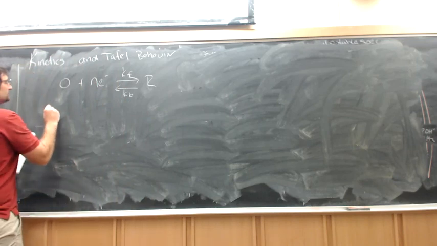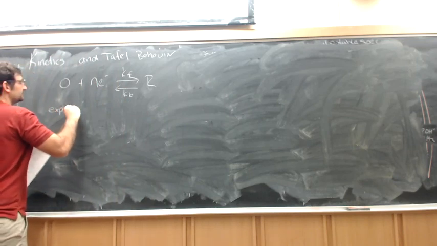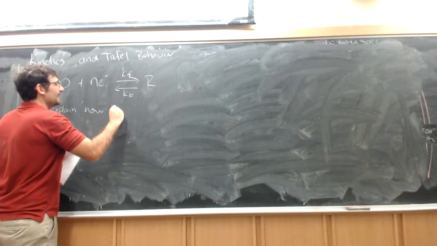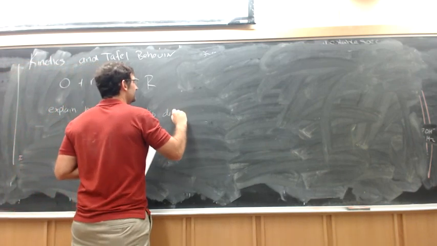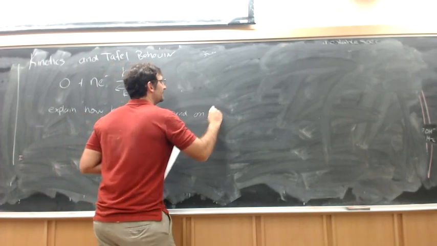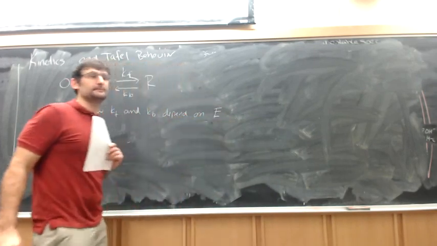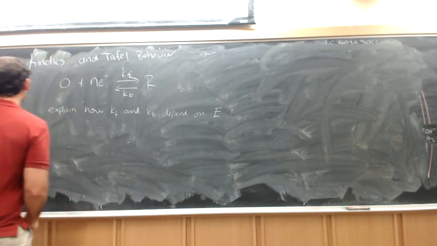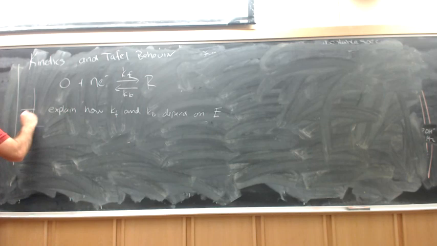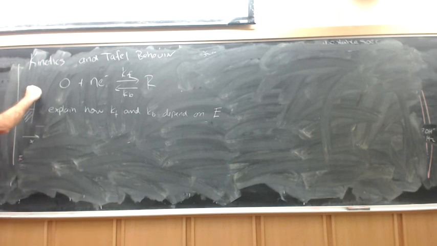And what we want to do is explain how Kf and Kb depend on the electropotential E. Okay, so we have an electrode, it has some electrons in it, and we had this very simple picture earlier that we have some Fermi level of the electrons in the electrode, and we can apply potential and move this level up and down as we form a double layer, right?